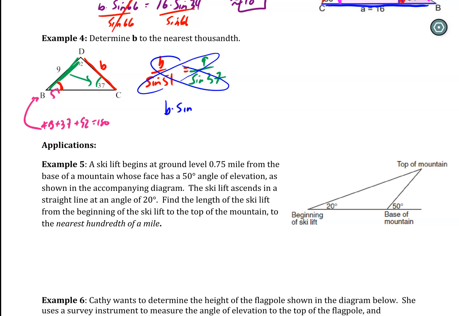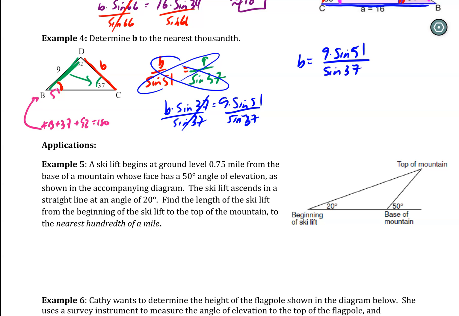B times the sine of 37 is equal to 9 times the sine of 51. Divide each side by sine of 37. So B equals 9 times sine of 51 over sine of 37. Let's type that into the calculator.